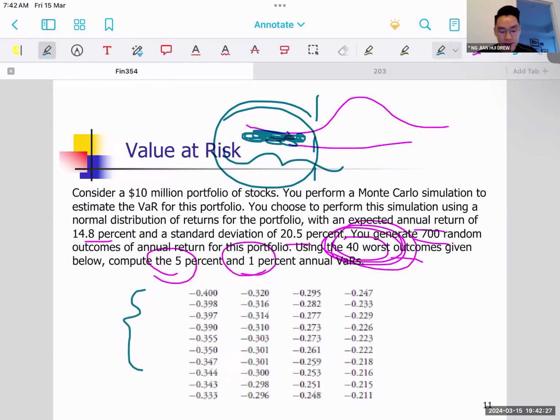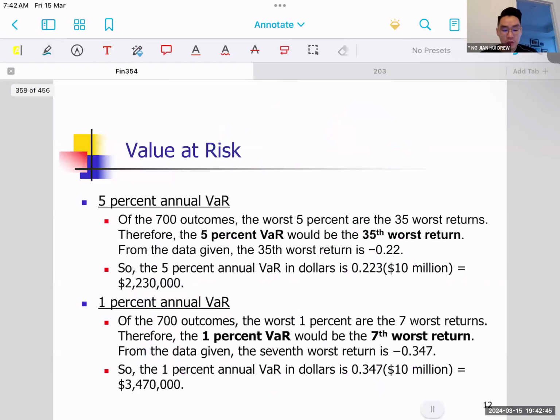And we can see the outcomes here that have already been nicely arranged. This is the worst outcome, negative 0.4, and this is the least worst outcome, right? At negative 0.21. At a 5% VAR, let's calculate the VAR.